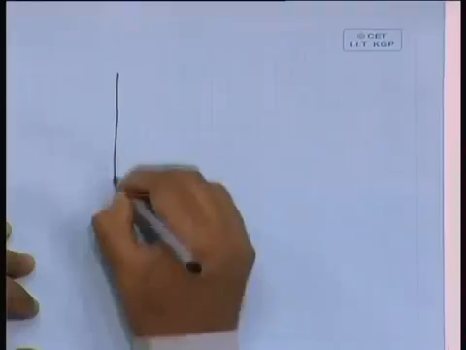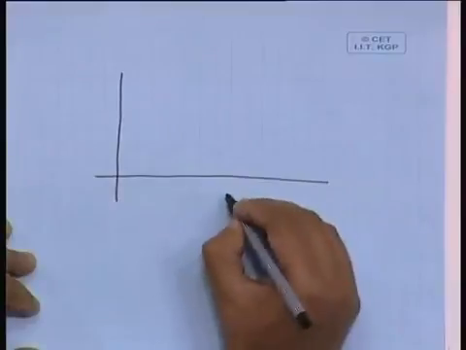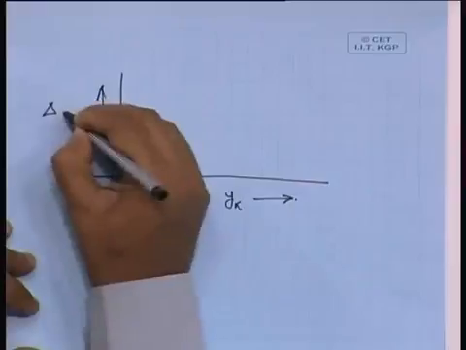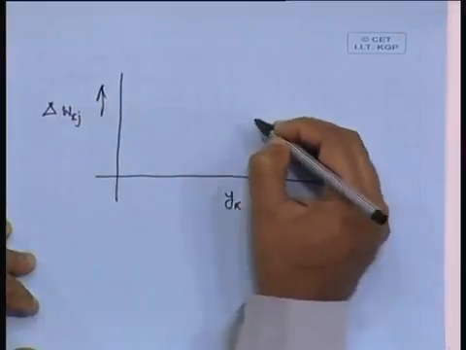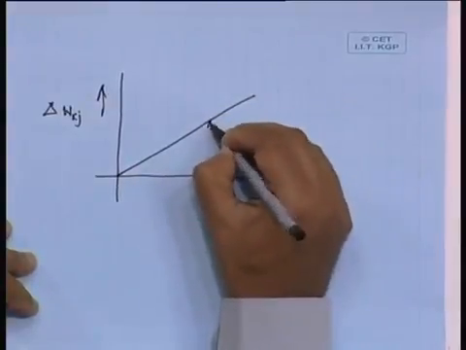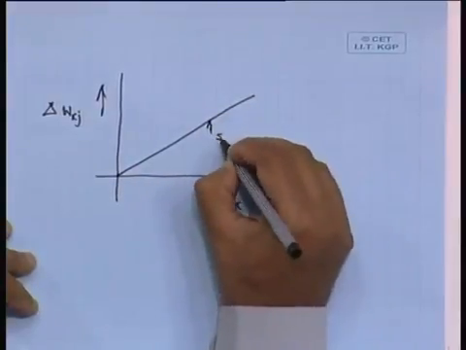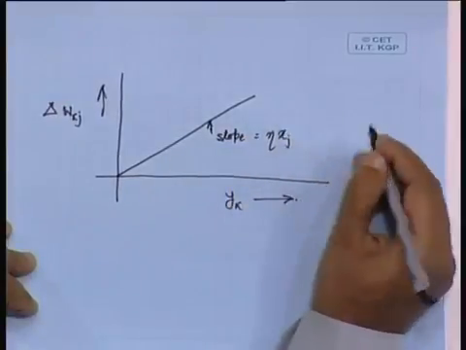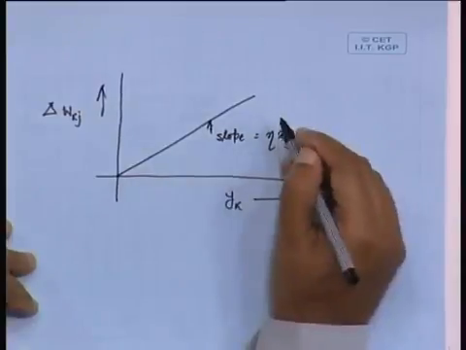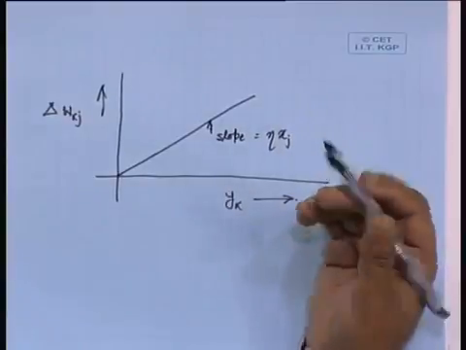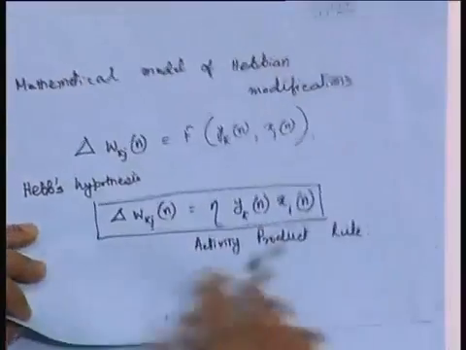We will have Yk on this axis and delta Wkj on the y axis, and according to Hebb's hypothesis we have a straight line of slope eta Xj, which obviously passes through the origin. That is very clear from here.